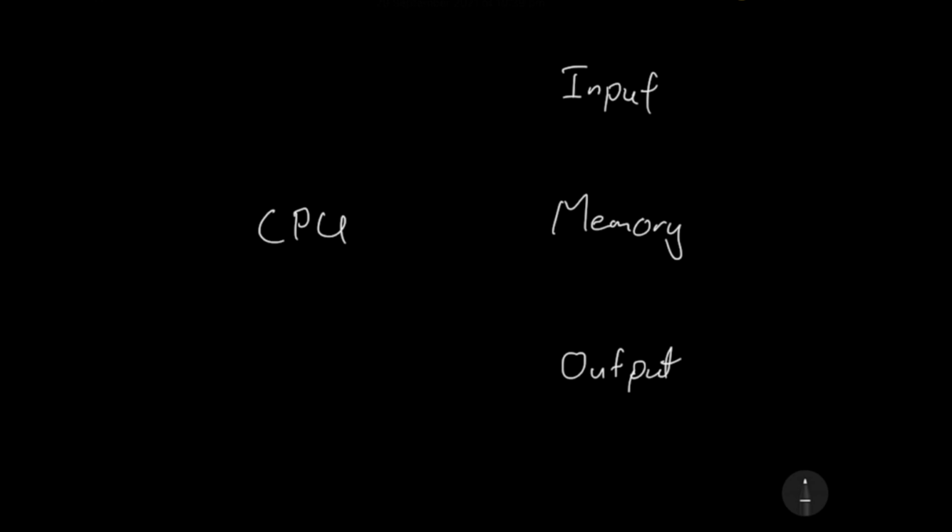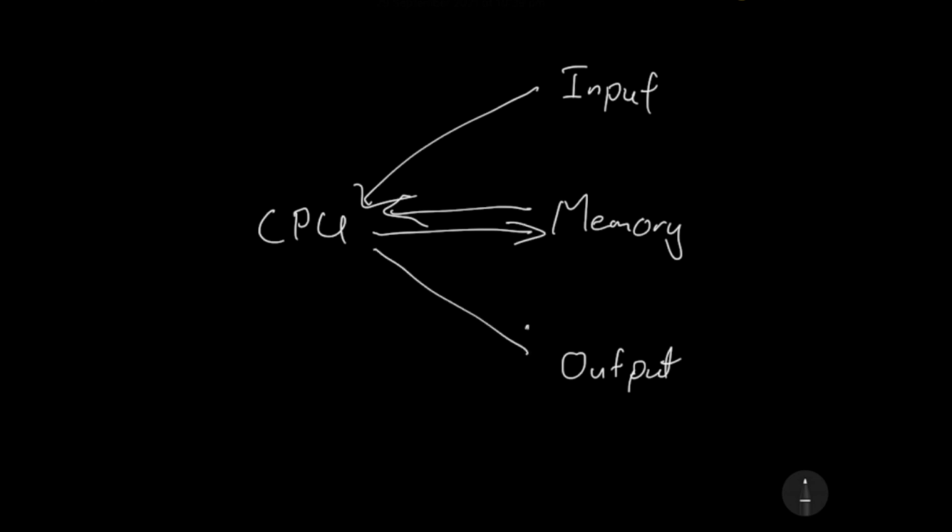Basically how this functions is based on a set of instructions we're providing the computer. It's going to take information either from our input or from our memory, and it's going to perform various calculations or operations on those things, whether we're talking addition, subtraction, multiplication, logic operations, things like that. And then it's going to do something with the results, whether it's putting those into memory or sending those to the output.